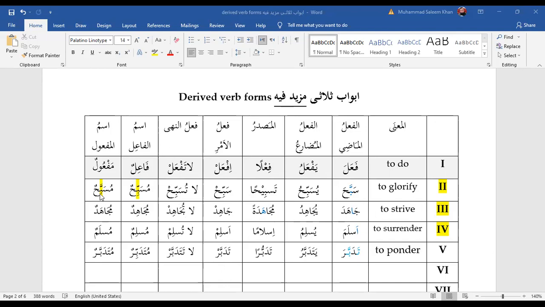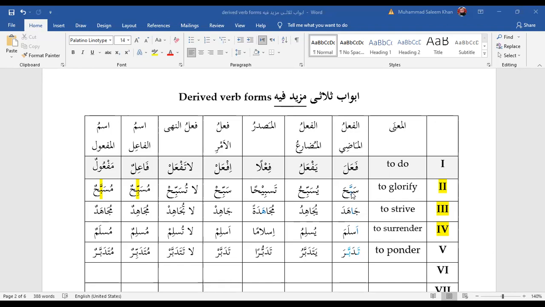However, when we reach the 9th or the 10th form of the verb, there will be a small change because it's a language. So in language, there are always some exceptions. But as of now, you don't need to worry. And we follow the same pattern, which is musabbihun, Ism al-fa'il, and musabbahun is Ism al-maf'ul.